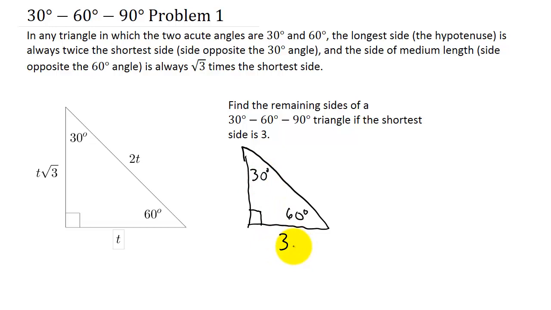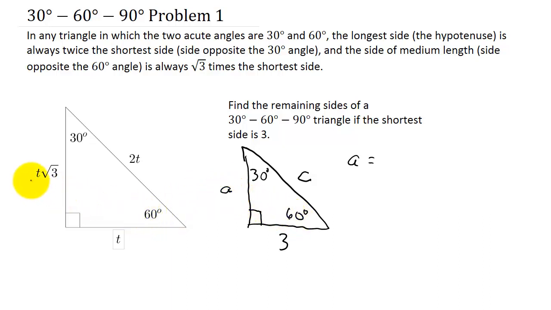Alright, and we'll just call this side here, the side of medium length, A, and we'll call the longest side C. So we need to find A and we need to find C. So we can say that A is equal to, that's the side opposite the 60 degree angle.